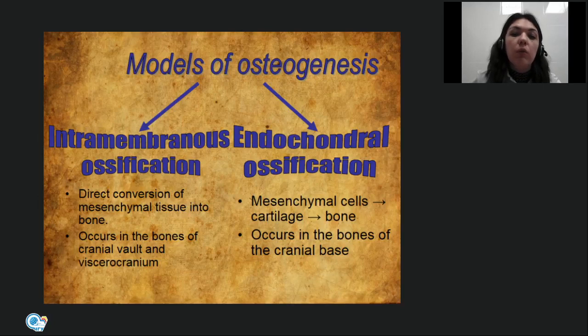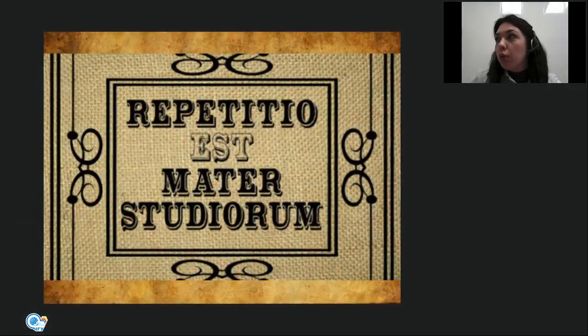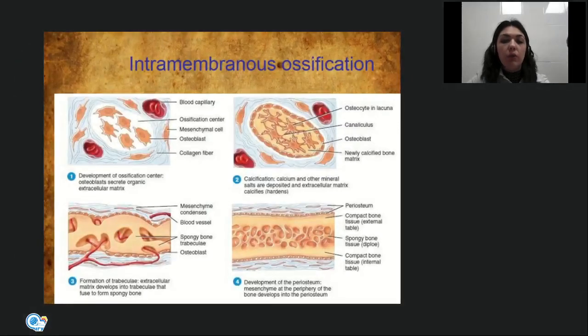It occurs in the bones of the cranial base. I promised you that at this lecture I will remind you again about types of ossification. If you have any technical difficulties and don't see the presentation, just refresh the page and then you will see it, I'm sure.